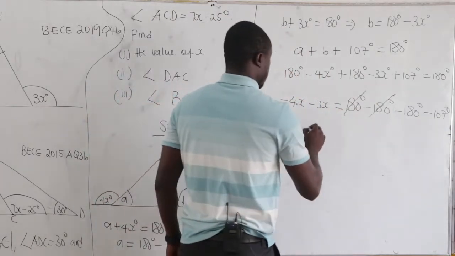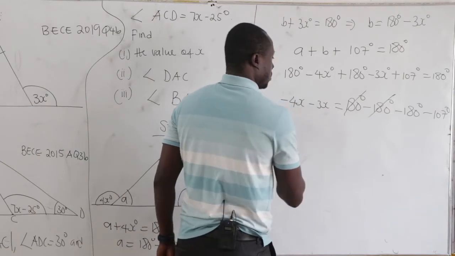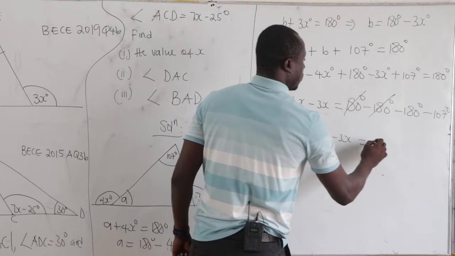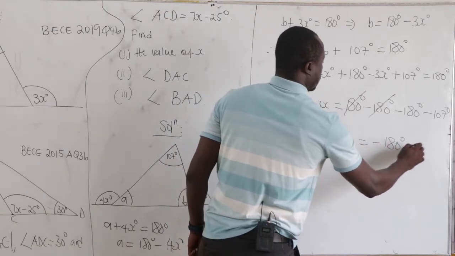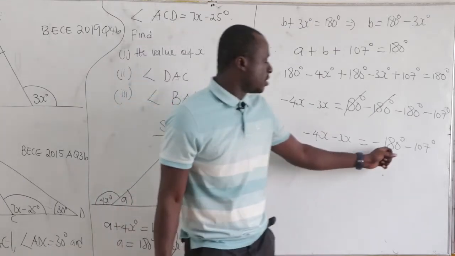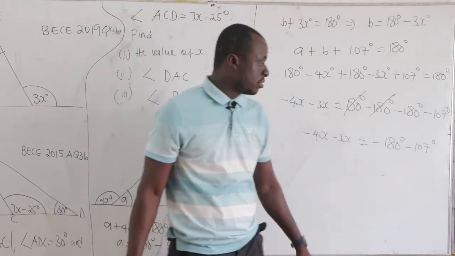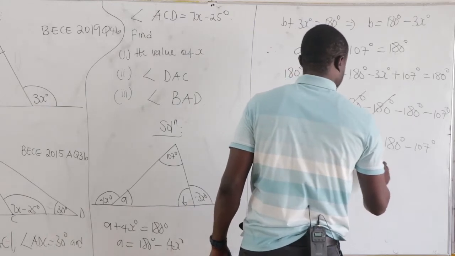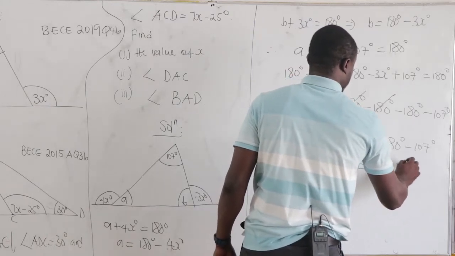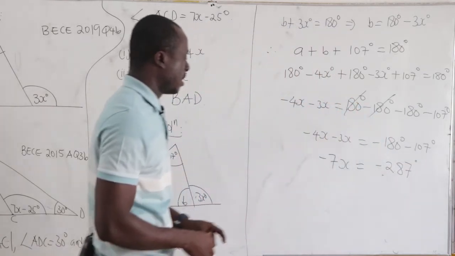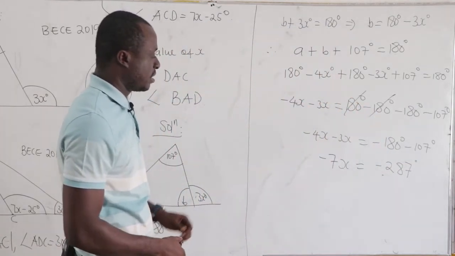So we have negative 4x minus 3x, and then we have negative 180 degrees minus 107 degrees. Now, negative 180 minus 107, this is 287. So we have negative 7x equals negative 287 degrees.